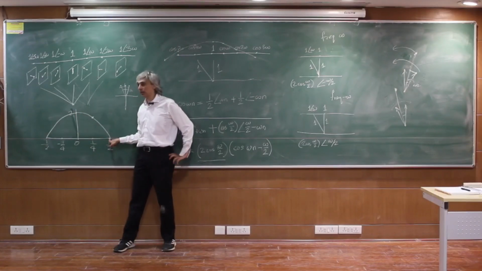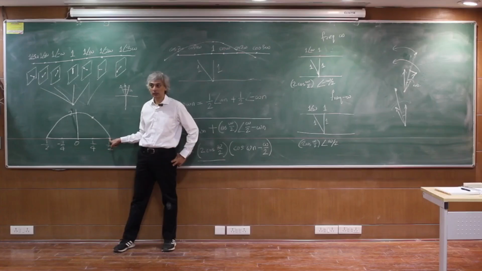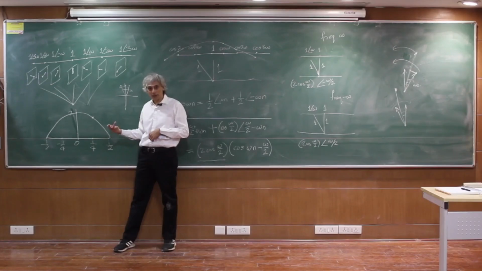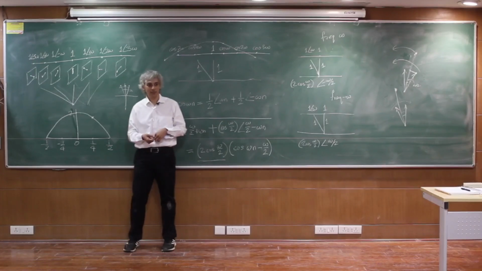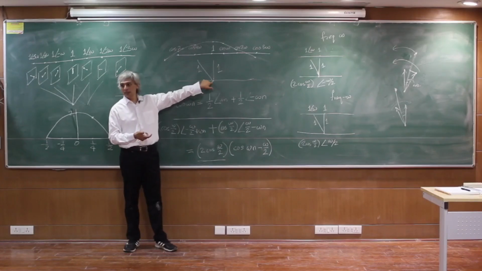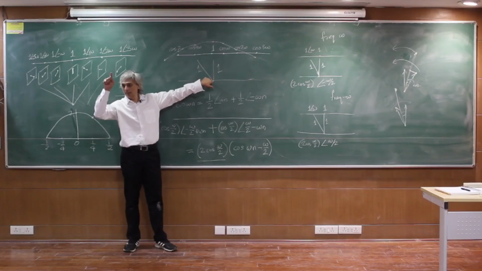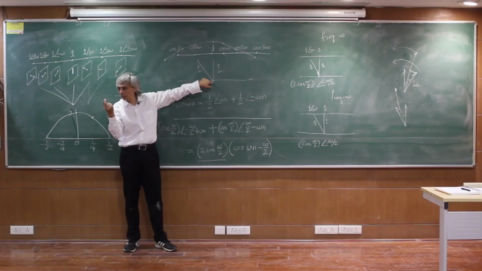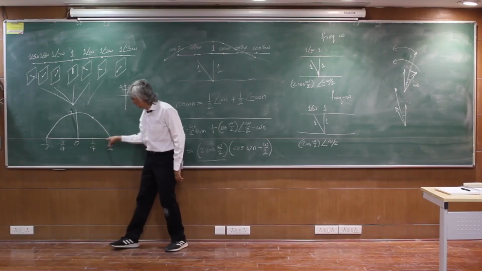What is the spiral of half a turn frequency? 1, minus 1, 1, minus 1, 1, minus 1. Okay? What will be the output to that? 0 everywhere. Okay?